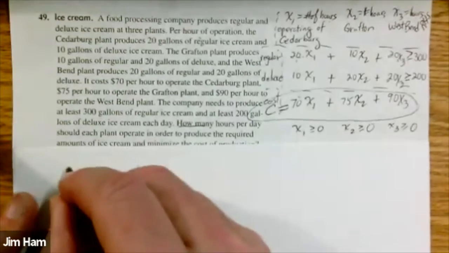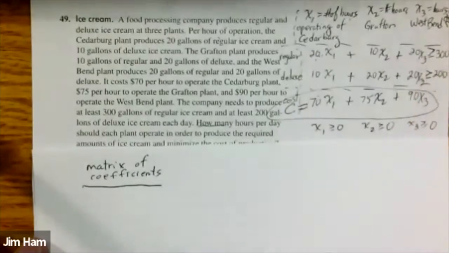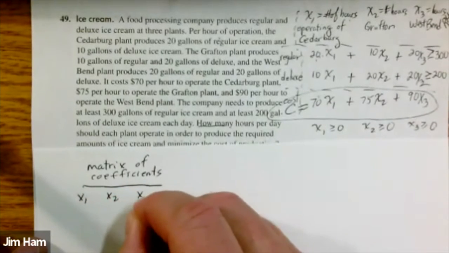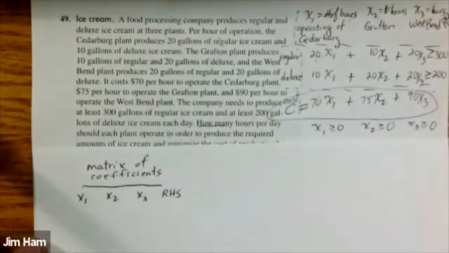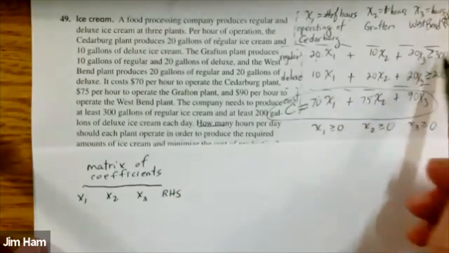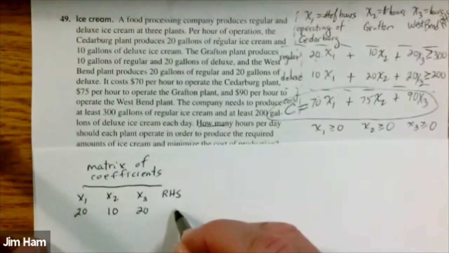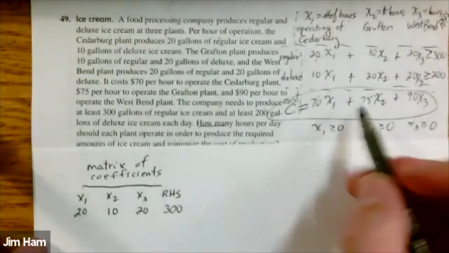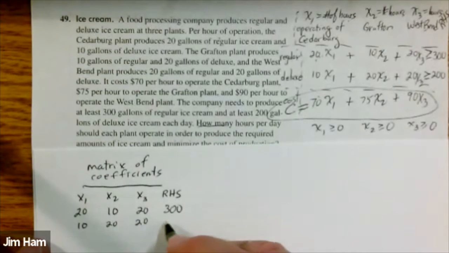We start with the matrix of coefficients, and I'll list the constraints first. So we've got an X1 and an X2 and an X3 and the right-hand side. The first constraint: 20, 10, 20, 300. The second constraint, related to the deluxe ice cream: 10, 20, 20, and 200.